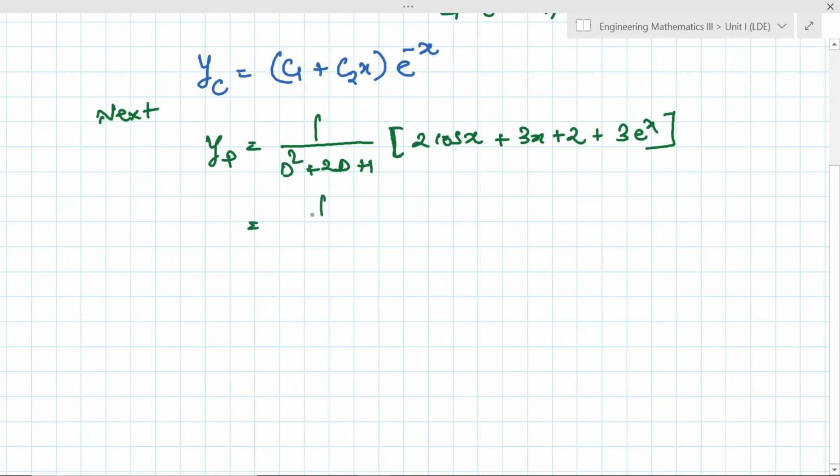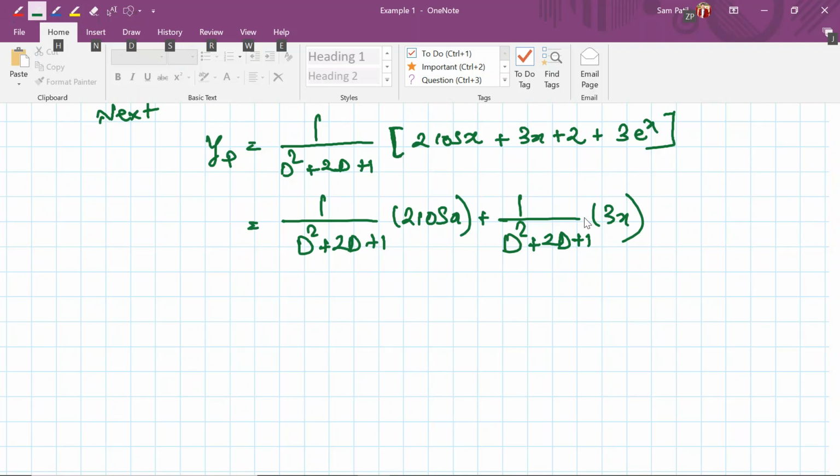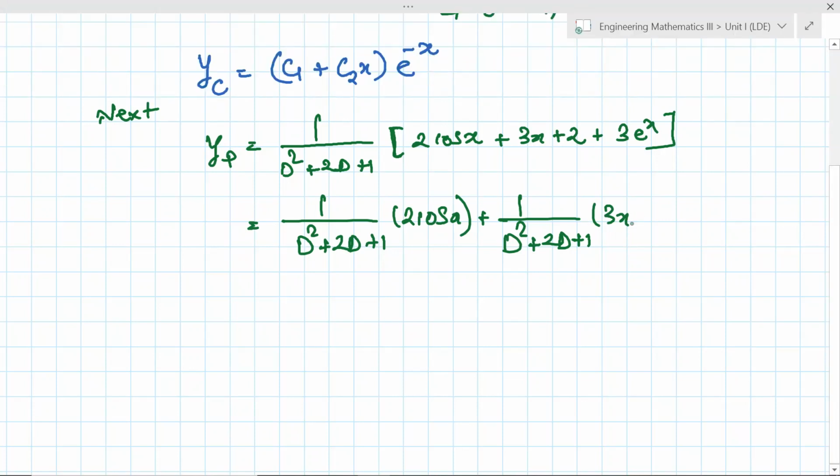So this is equal to 1 upon D square plus 2D plus 1 into 2 cos x, plus 1 upon D square plus 2D plus 1 into 3x plus 2. You can take 3x plus 2 in a single bracket, or otherwise split the two terms.